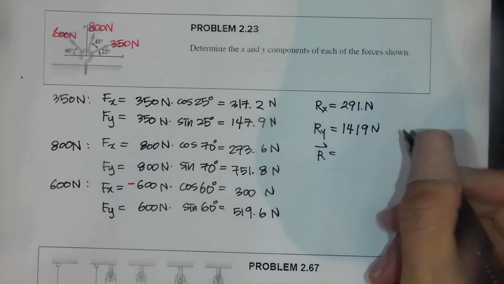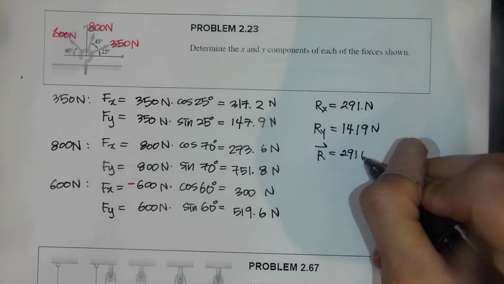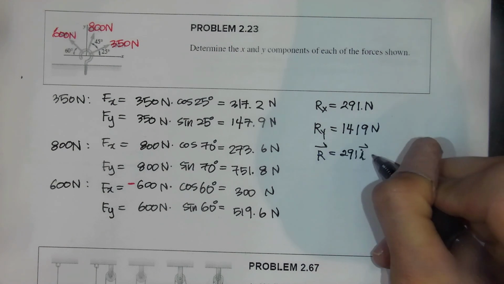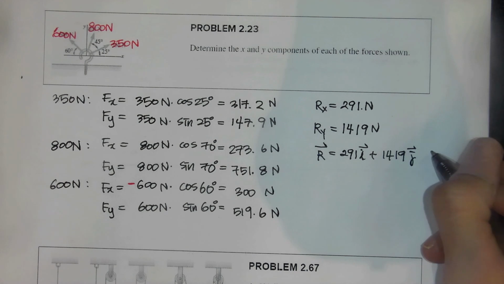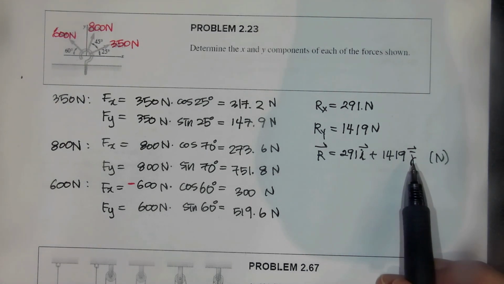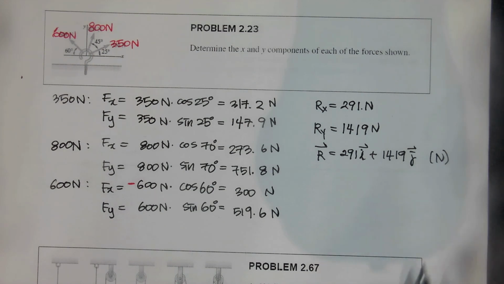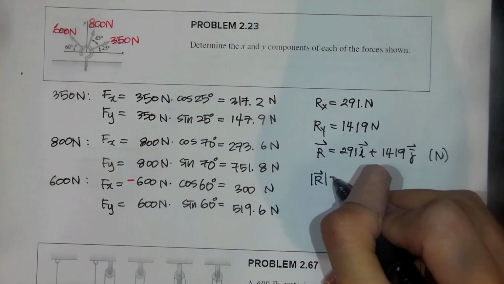So resultant can be expressed as 291 i plus 1419 j Newton. You can add Newton here, or at the end of this resultant force, but you need to include the units. That is good practice. Okay, and then what about the magnitude?